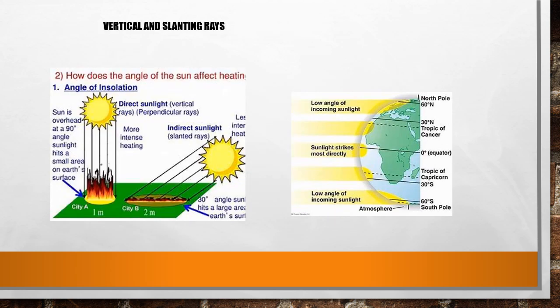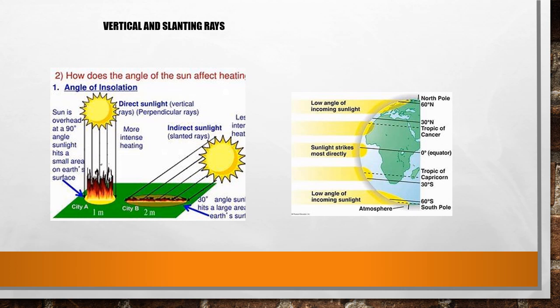So children, just to explain the difference in heating capacity of the slanting and the vertical rays. The vertical rays are focused over a small area, so they have a greater heating capacity, whereas the slanting rays spread over a larger area, so they have less heating capacity.